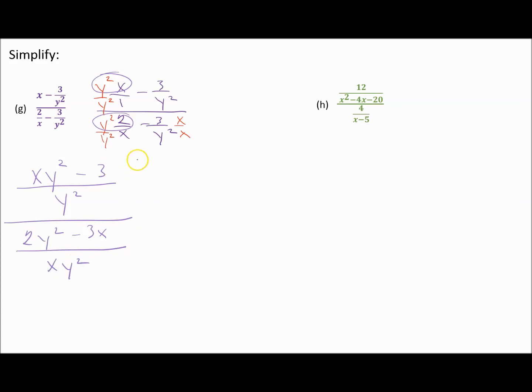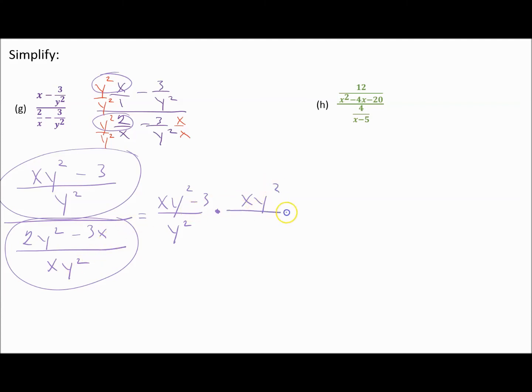So now notice I do have a single fraction divided by another single fraction, so it's time to keep change flip. So I'm going to keep my numerator the way it is. So xy squared minus 3 over y squared. I'm going to change my division bar to multiplication, and I'm going to flip my denominator, and now it's going to be xy squared as my numerator, and 2y squared minus 3x is my denominator of my big denominator fraction.